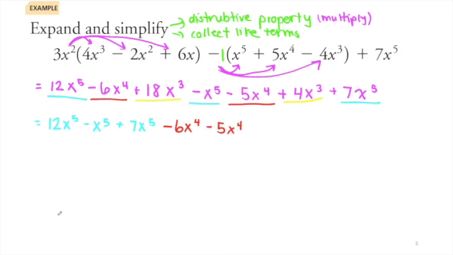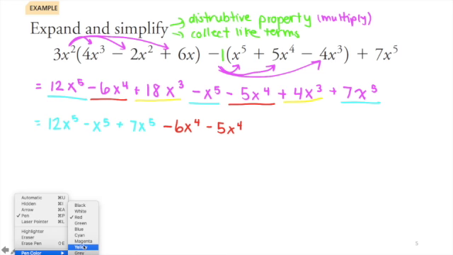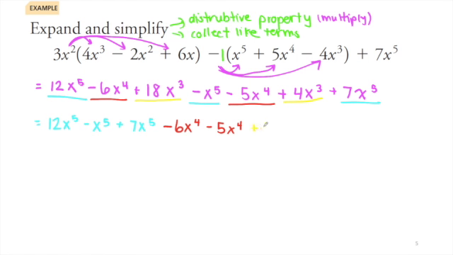So do your x to the 4 terms. It's just nicest to write the terms highest to lowest as well when you're doing this. And then yellow, so plus 18x cubed plus 4x cubed, which means start with the 5s and end with the 3s, okay?